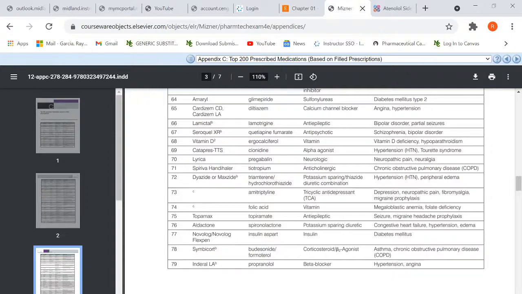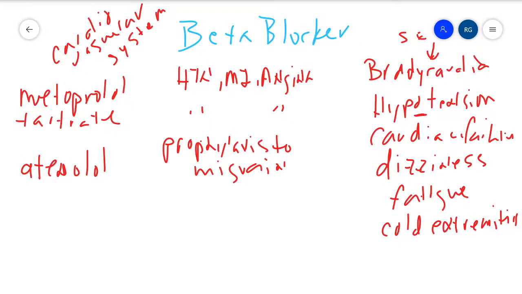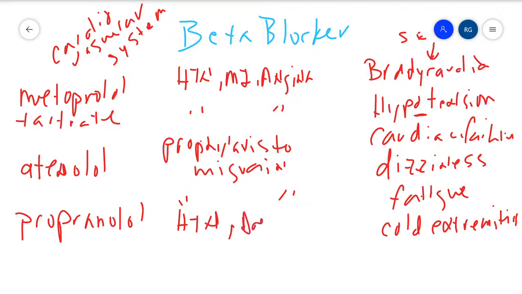So don't make it hard on yourselves, thinking that it's hard to remember these things. They all mostly end the same, and mostly are the same for their indication. So this was hypertension and angina.